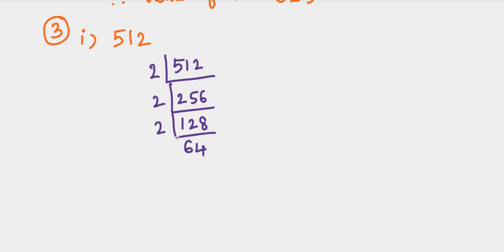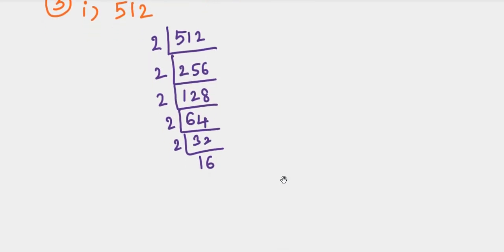Simplify it, 64, 2 32 times, 2 16 times, 2 8 times, 2 4 times, 2 2 times. So overall, how many times? 1, 2, 3, 4, 5, 6, 7, 8, 9.